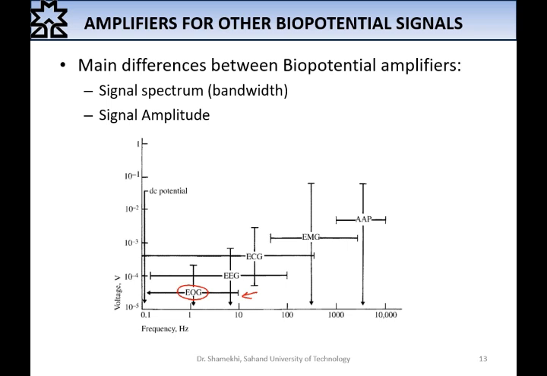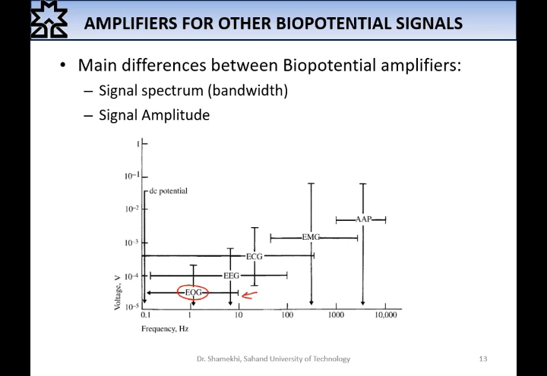We don't have an amplifier to record all types of signals. We should change the structure, we should change the filtering circuit, and we should change the gain of the circuit.